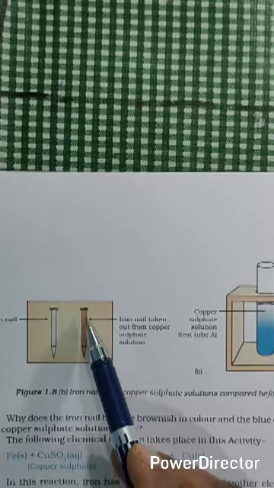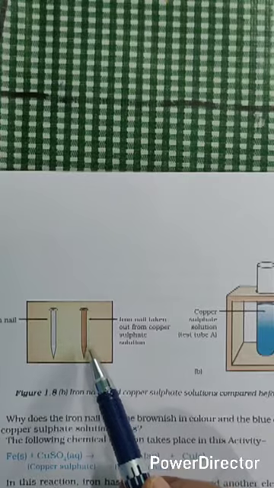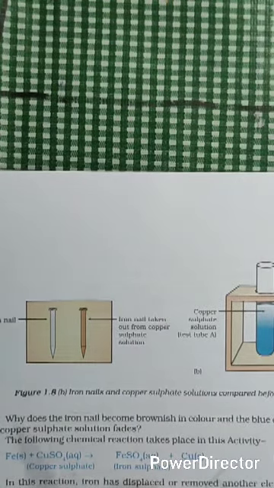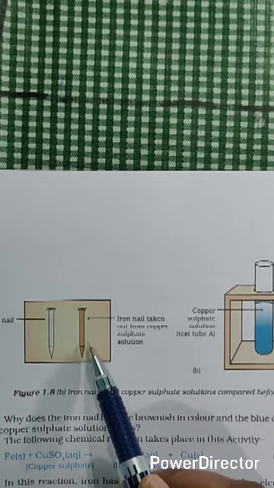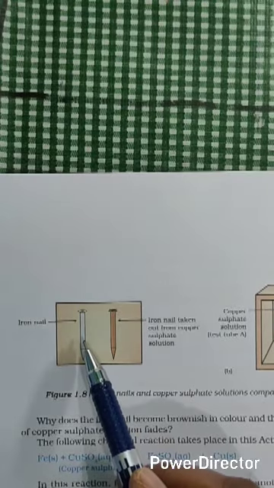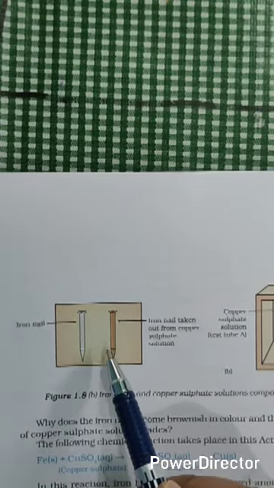If you see the setup, these are 2 iron nails. After dipping in copper sulfate solution, the color changes like this after some time, and whatever the 3rd iron nail, that color remains as it is. There is a color difference.